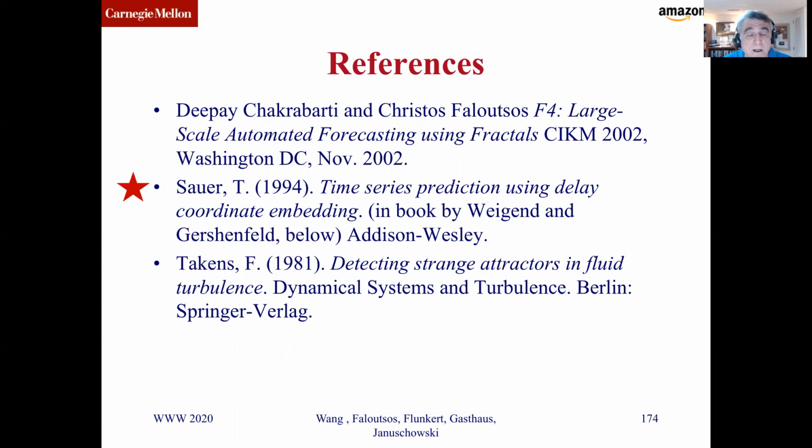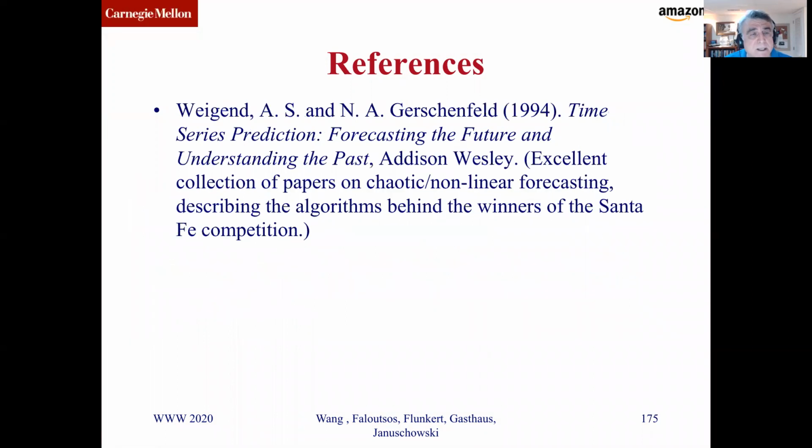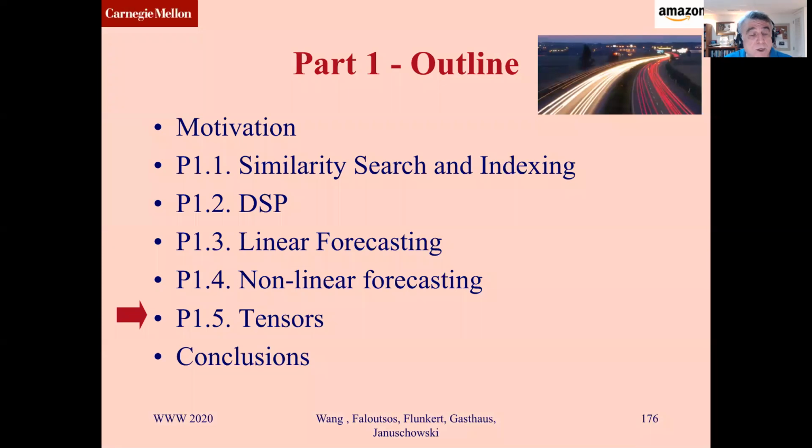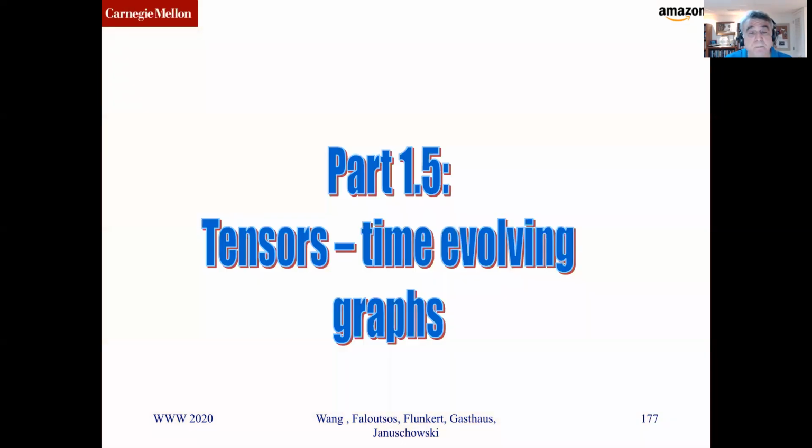But it was a neural network with one hidden layer and sigmoid functions, if I remember correctly. The paper by Takens, the collection paper by Weigend and Gershenfeld, and we're ready to cover 1.5, the tensors.